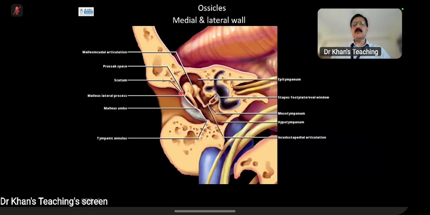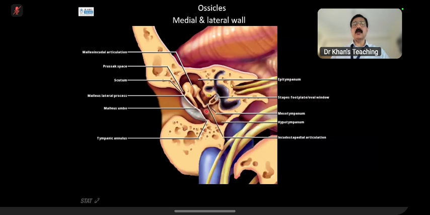Now, from the scutum, the superior-most portion of the tympanic membrane is attached to the scutum. Inferiorly, it is attached to this annulus. We call it the tympanic annulus. So this is the tympanic membrane. If you draw an imaginary line from the scutum to this thing here, which is the facial nerve canal, tympanic portion, and another straight line from here till the annulus, this is the mesotympanum.